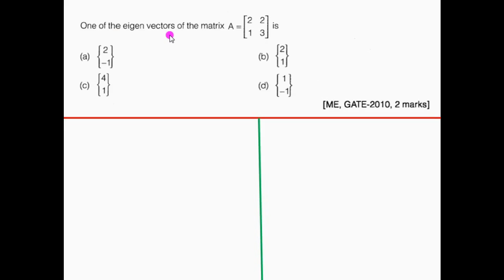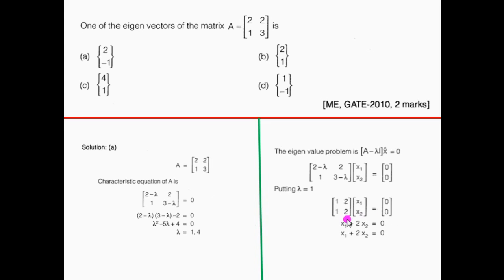One of the eigenvectors of the matrix A. To determine the eigenvector, first find out the eigenvalues and find out the equations, and by solving this we can get the eigenvector. The one important point here is both the equations are the same.